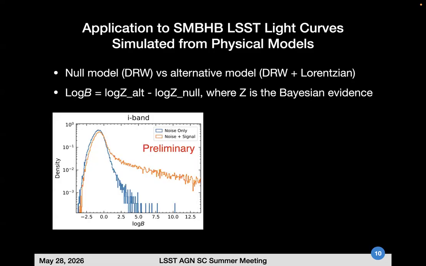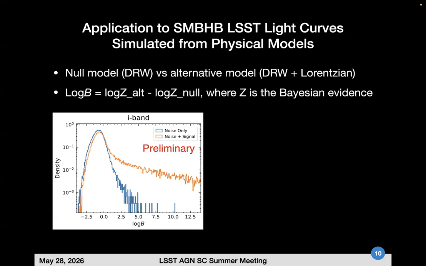potential candidates. So the first thing we've done is fit these two models and see if their distributions have diverged, right? If they have the same distribution, there's no way you can make a cut and select candidates. It does show that if you have only noise, it's piled up at one part of the log B, and if you have a signal in there, a lot of them extend to higher log B, which you can actually use to make a cut.